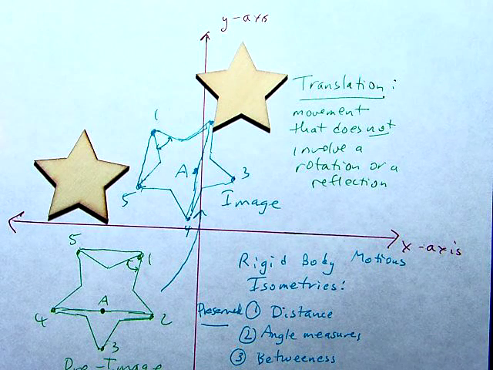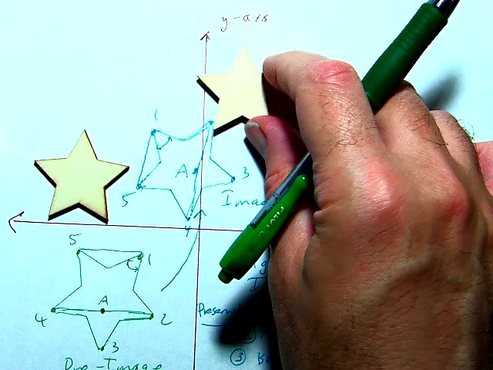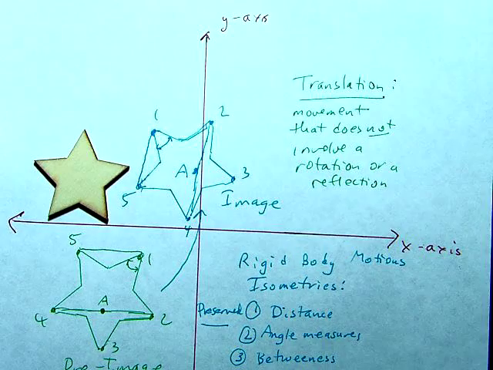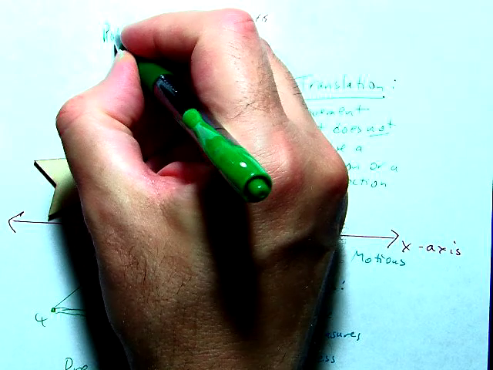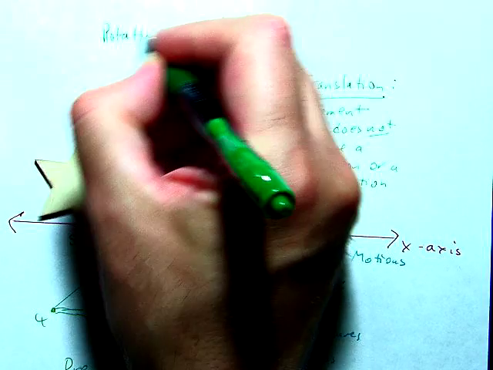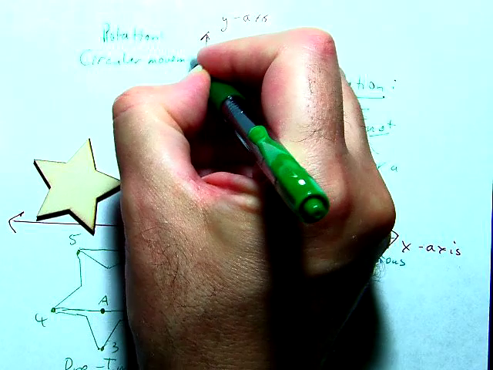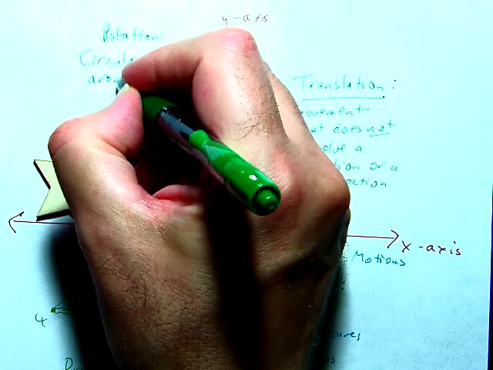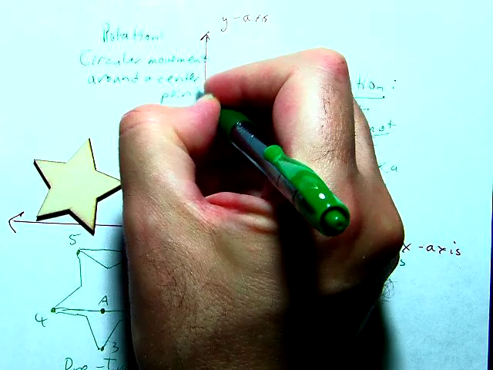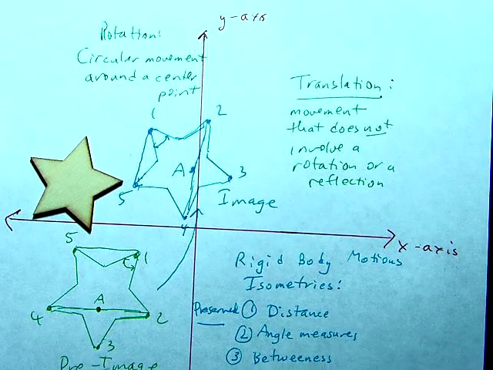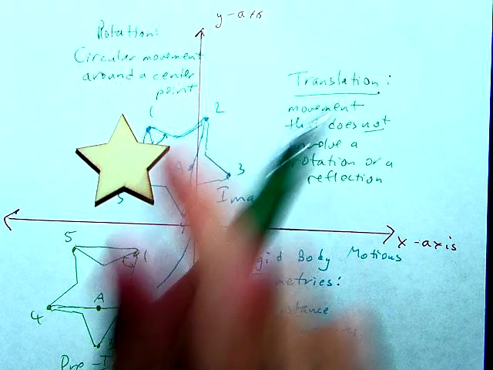Okay. The second type of rigid body movement we've now referred to is a rotation. So let's talk a little bit about rotations. A rotation is a circular movement around a center point. So let's talk about an image like this wooden chip.